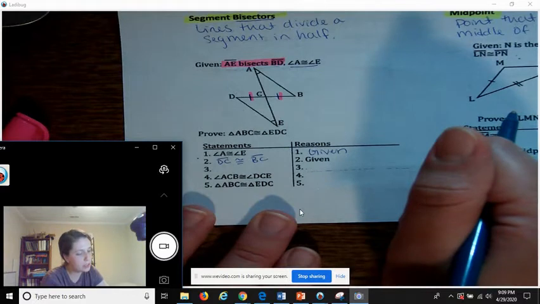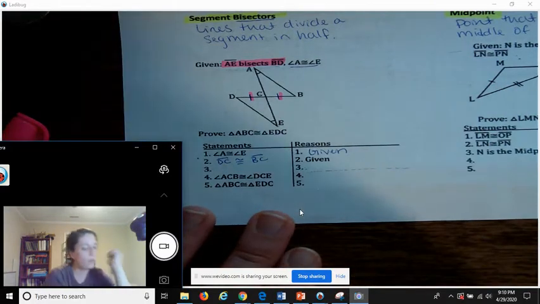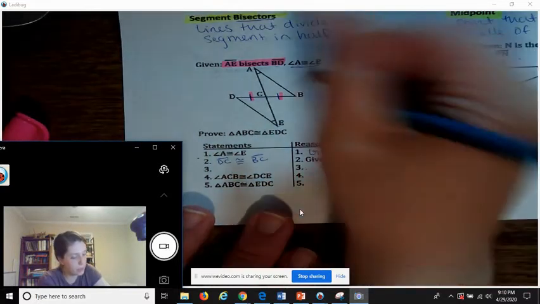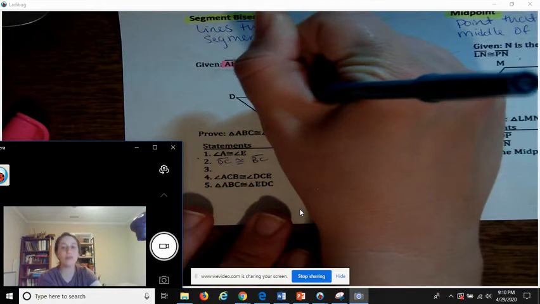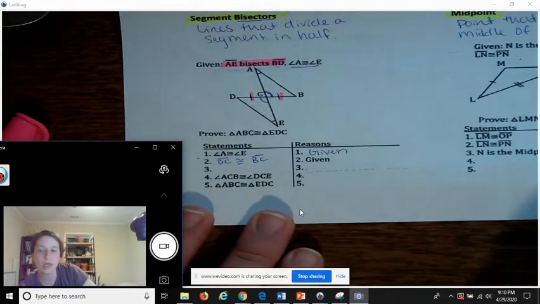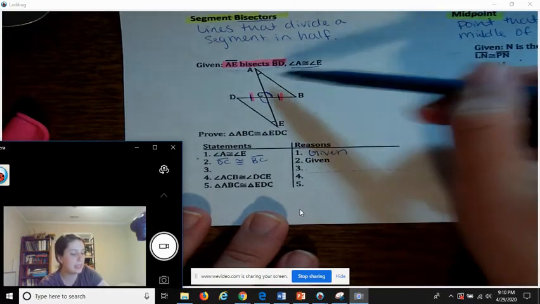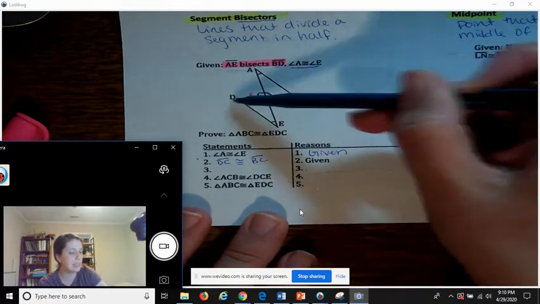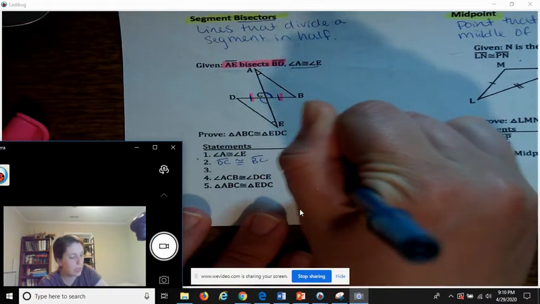I'm not sure if it's the one that they wrote. Well, let's just go ahead and say it because we don't need anything else. The next one that I see are these two angles directly across from one another. Those two angles are vertical angles. They happen to be ACB and DCE. So these two are congruent by vertical angles.